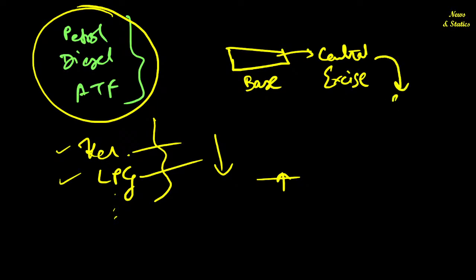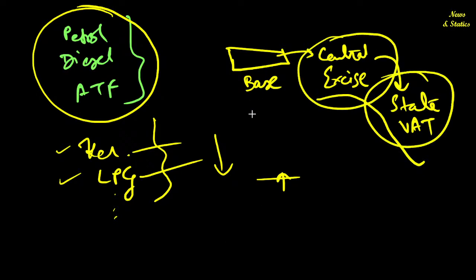On that, in whichever state it is sold, the state imposes a state VAT. So this regime is continuing, and these rates are pretty high. If the base price is 50 rupees, these things are more than 50 rupees, so that the ultimate price of the petrol that you buy from the petrol pump per liter is more than 100 rupees. That's what is happening right now.